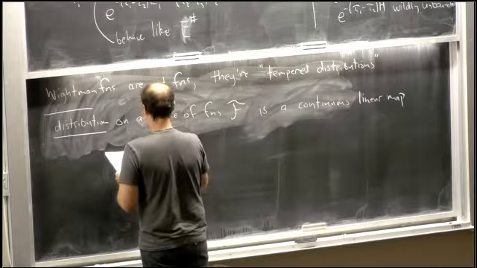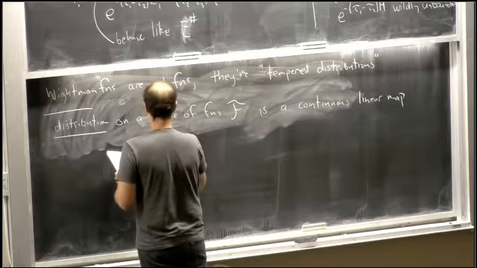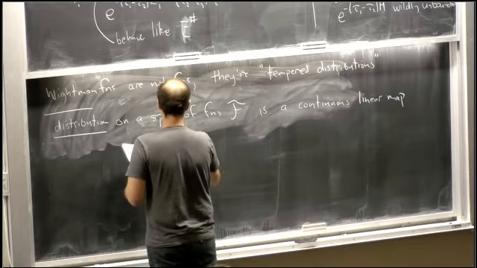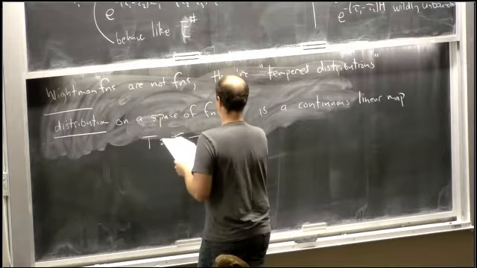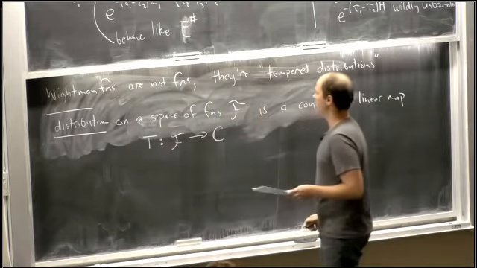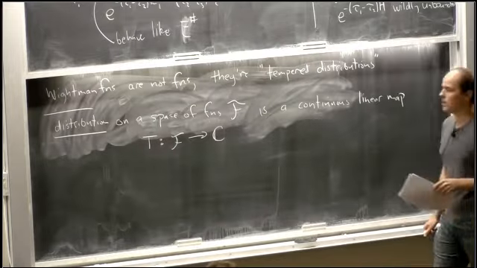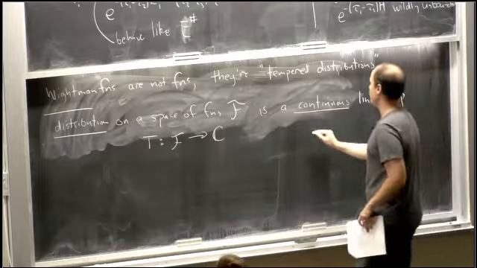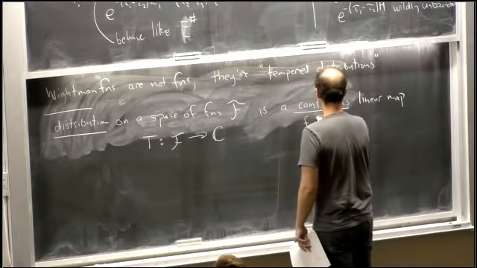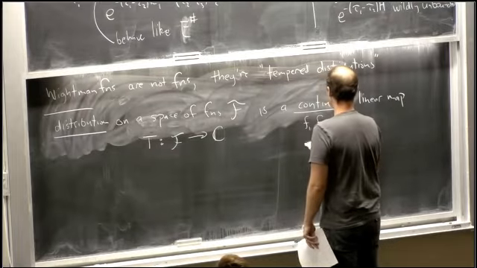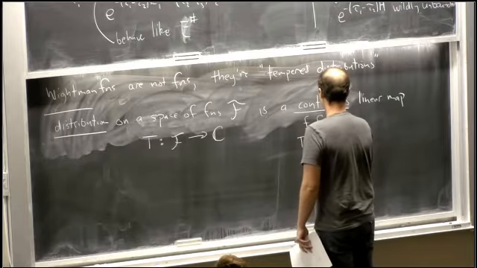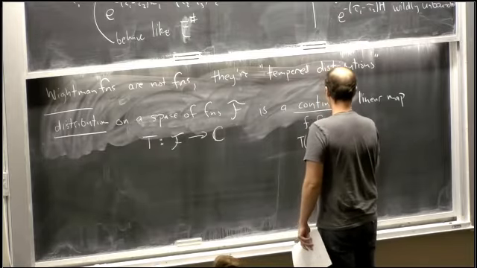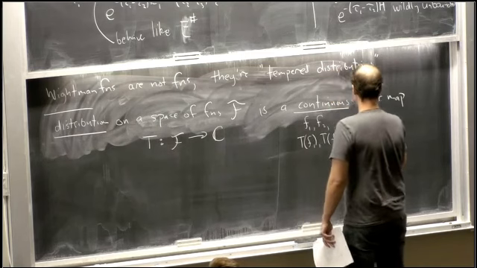So if we have a distribution T, then it maps this space of functions to the complex numbers. T is linear, and the word continuous means that if we have a convergent sequence of functions f1, f2, and so on, then the sequence of numbers T of f1, T of f2, and so on, is convergent.